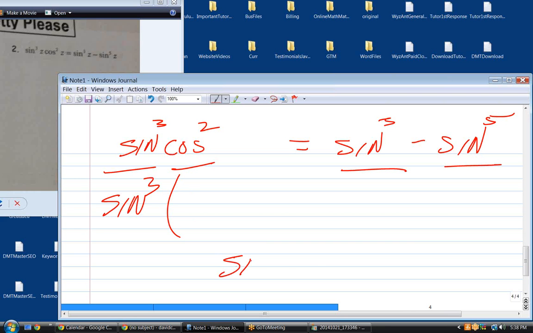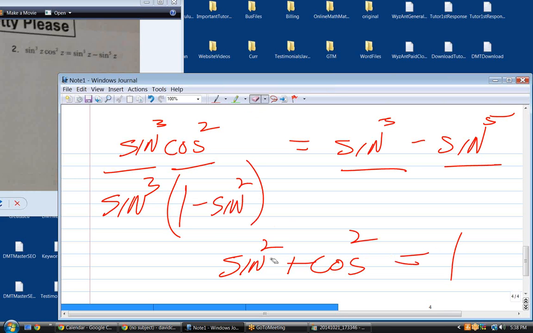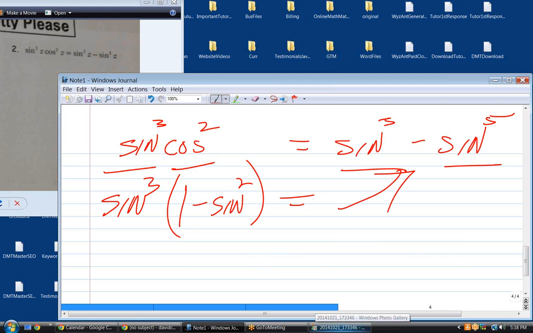Sine squared plus cosine squared equals 1. So what does cosine squared equal? 1 minus sine squared. And that multiplies together to give you that. Another one-step problem.